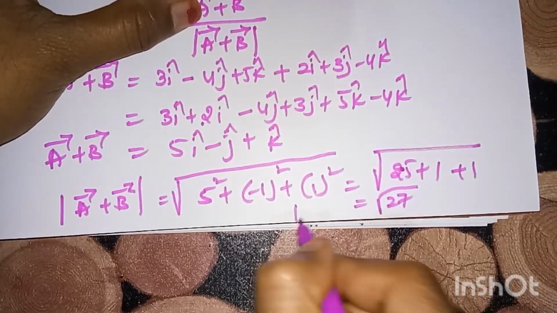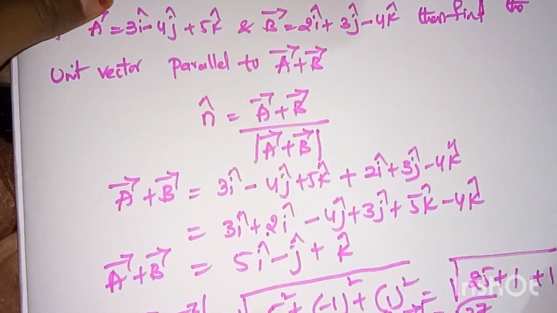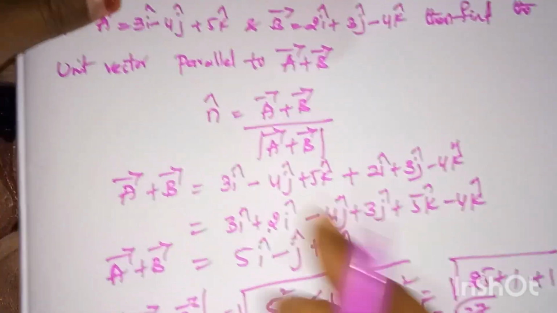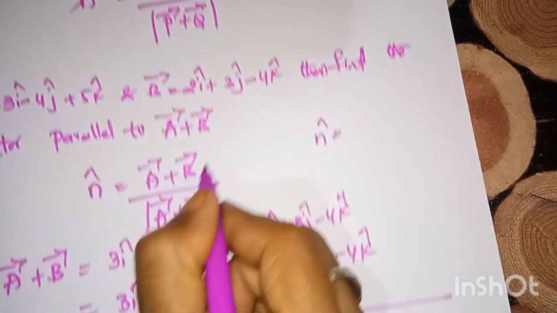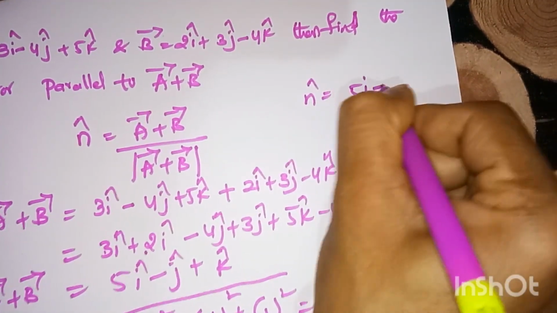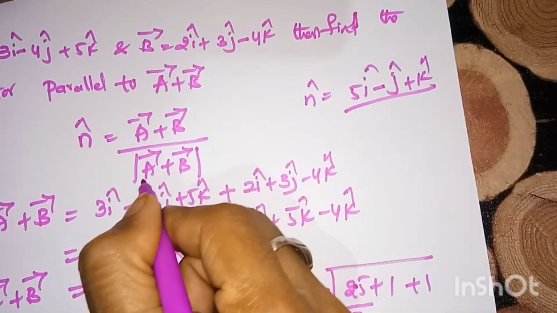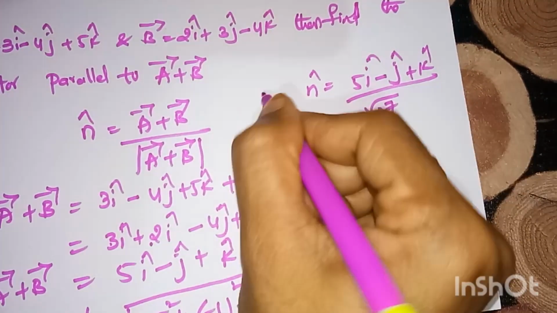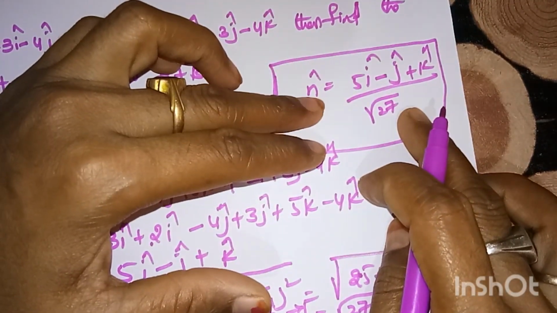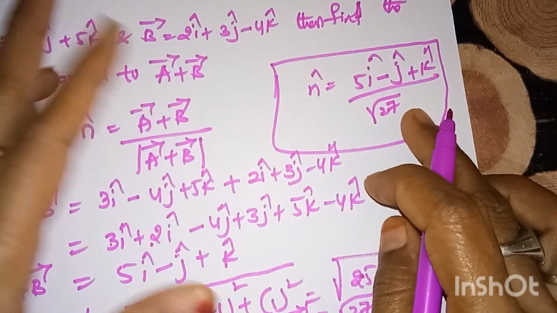So the magnitude of A bar plus B bar is root 27. With the help of both of these we can find the unit vector. So what will you get here? N cap equals A bar plus B bar, which is i cap minus j cap plus k cap, by the magnitude of A bar plus B bar, under root 27. This is how we calculate the unit vector for two given vectors when the unit vector is parallel to the two given vectors.